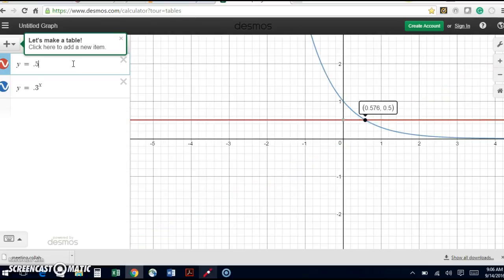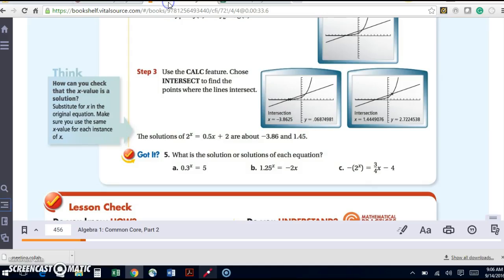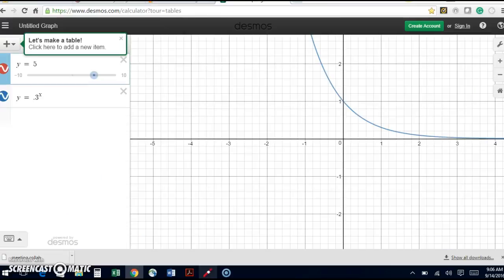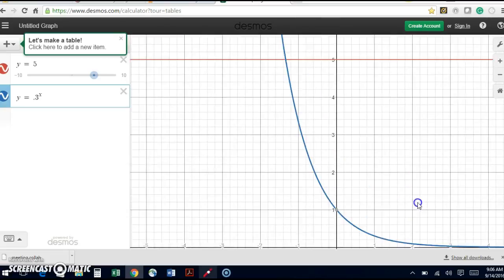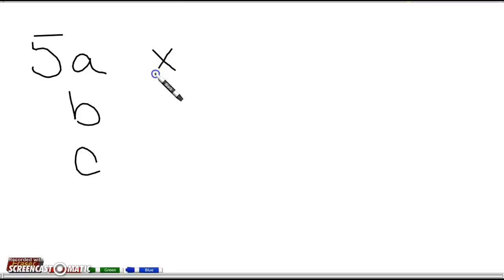And then for the next one, I think it was just 5, if I remember correctly. Yes, y equals 5. And it only hits at one place. And it hits at negative 1.337. So we'll round. So we have x equals negative 1.34.